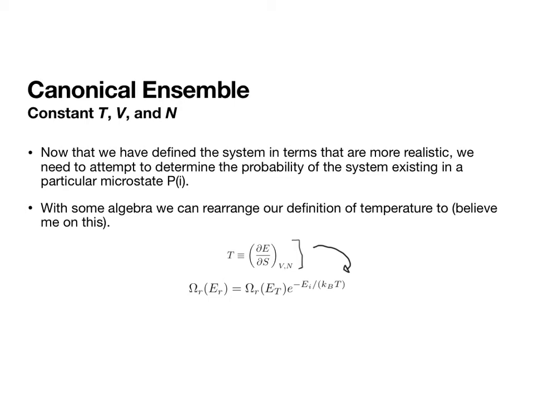We're using our same notation here: the omega of the reservoir as a function of the energy of the reservoir is equal to the microstates of the reservoir as a function of the total energy times e raised to this exponential, e to the minus E divided by kBT. And remember that these two equations are identical. They're just rearrangements and redefinitions of the same thing.